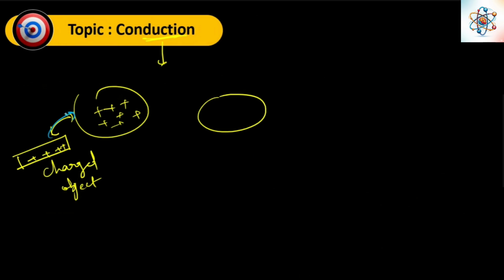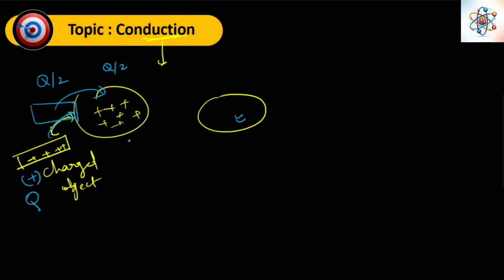Suppose this charged rod we had is positively charged, and we bring it in contact with this sphere, which initially had no charge. This positive charge has the ability to get transferred into it, and it keeps on transferring till the moment it becomes equal in both objects.